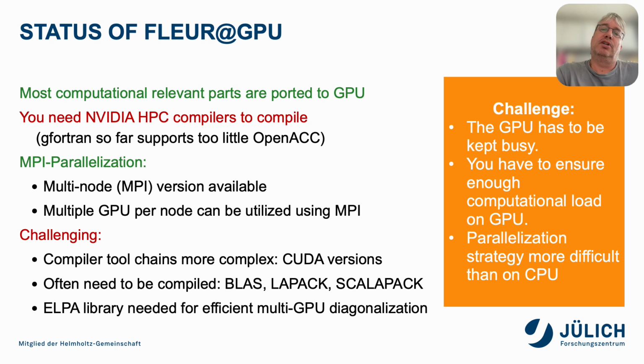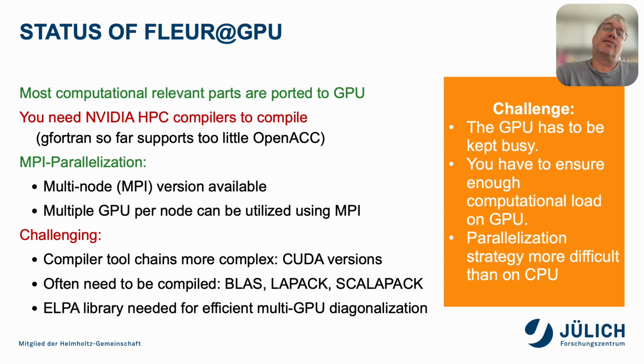So if you want to use this eigenvalue parallelization, this distribution of the eigenvalue problems on multiple MPI processes, and therefore on multiple GPUs, you need the ELPA. All this can be challenging to build and get to run.